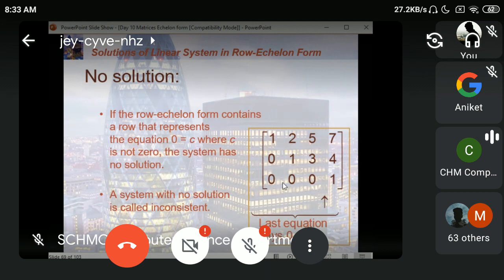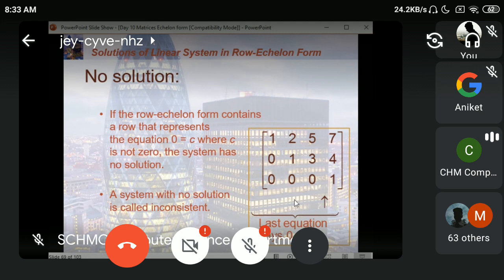Now please note this part. If I get an augmented matrix of this sort, what am I getting? I am getting 1, 2, 5, 7; 0, 1, 3, 4; 0, 0, 0, 1.